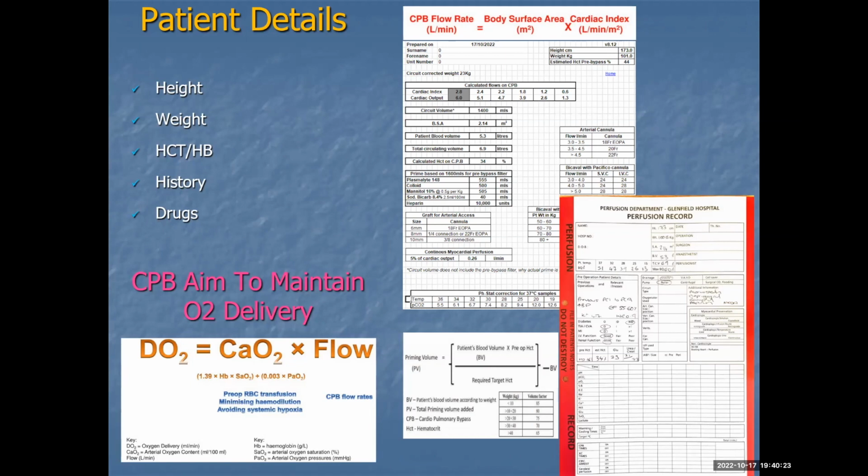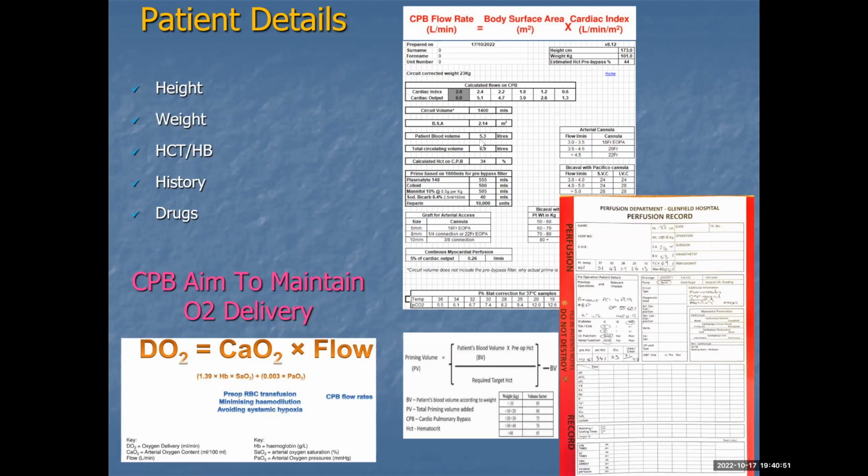We can do that, but we need to protect the patient by cooling them down. If you think about the metabolic demand of the body, which is an oxygen demand, with hypothermia you need less oxygen. So we kind of use that as a tool. We used to use it a lot more, I should say, but like I said, there's now more of a trend to do as much surgery as we can warm.